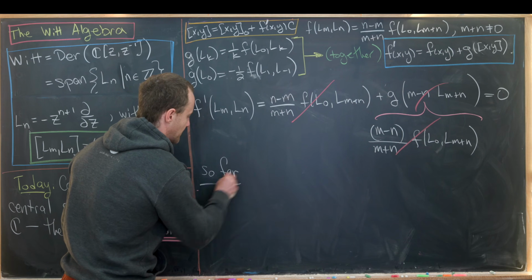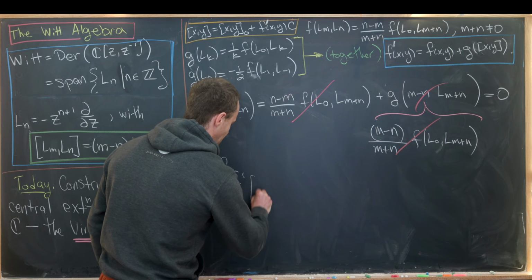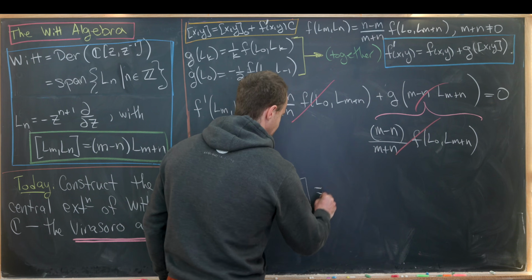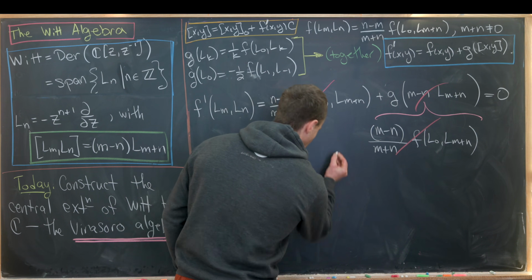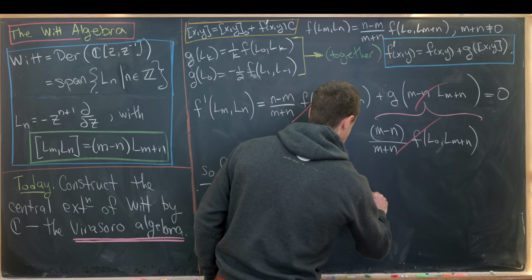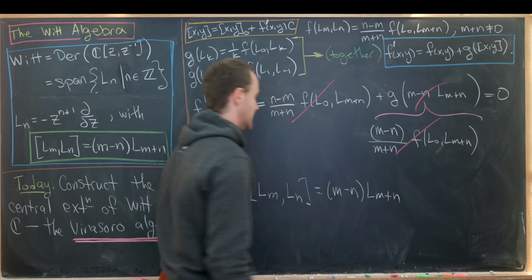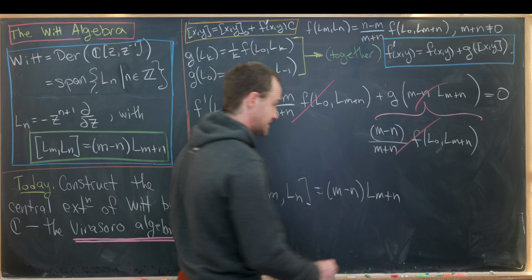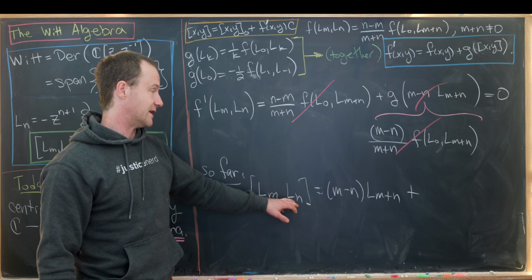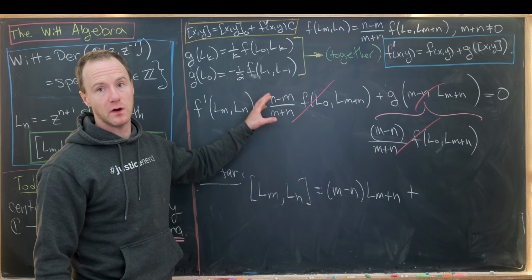So far, our new bracket takes the following form. We have Lm bracket Ln is equal to the old bracket. Remember, the old bracket looks like this. So (m minus n) Lm plus n, plus our function evaluated at Lm, Ln, but that's 0 most of the time.